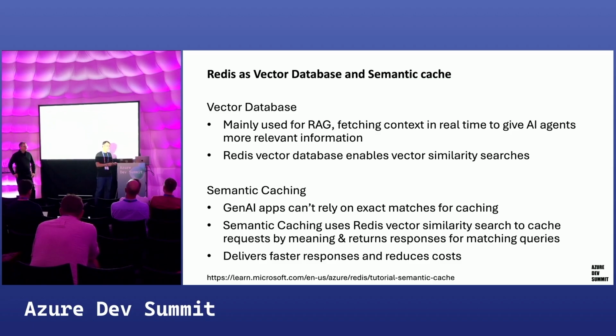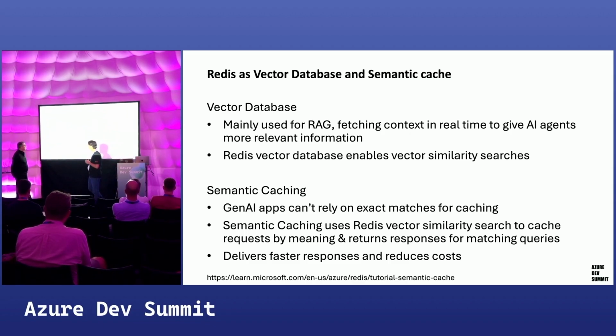This is a capability that you can do. Mainly this is used for RAG, fetching specific content for a user that is talking to an LLM. We have the vectors within that store. We're going to pull that data. We're going to talk to the LLM. The LLM knows the context, it can process it, and then gives that specifically back. If we are doing this, we can enable vector similarity search. And here's where it becomes really interesting, and you move into the semantic caching space.